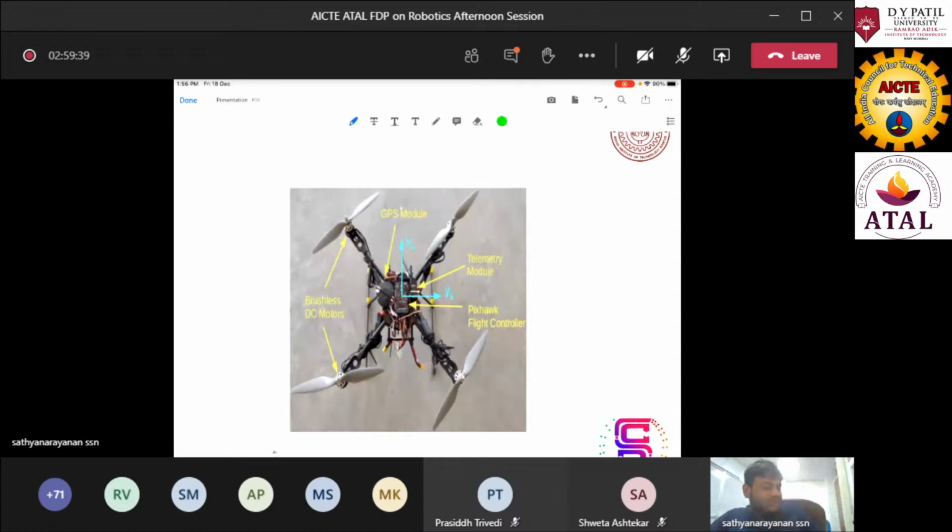Another important one is the ground station communication, where this is also a radio transmitter and receiver, and you will use software called QGroundControl, which uses MAVLink communication to communicate between the quad and the ground station.